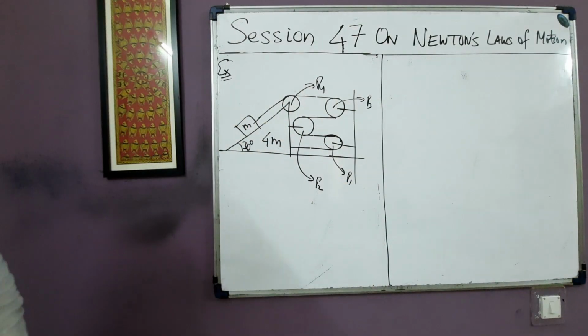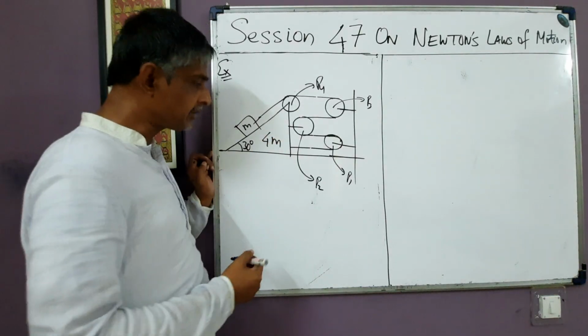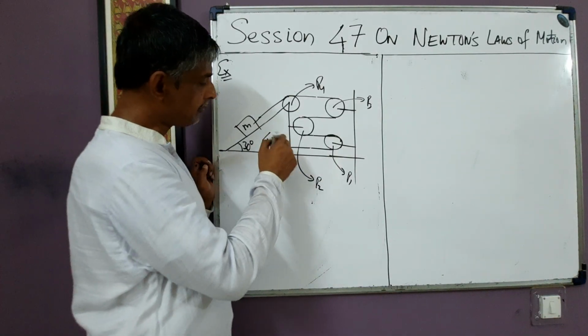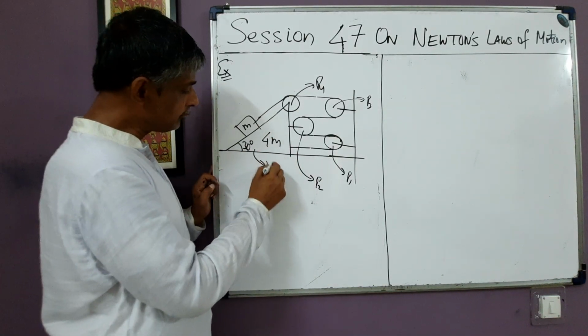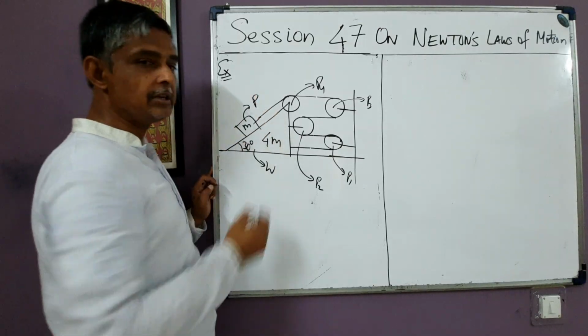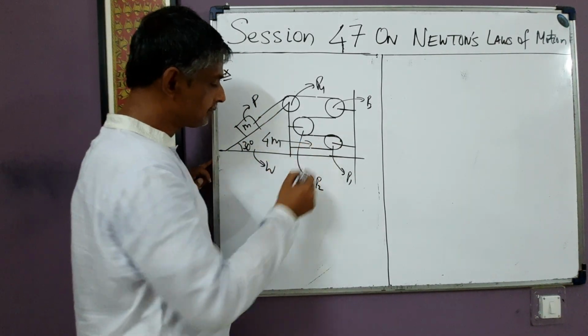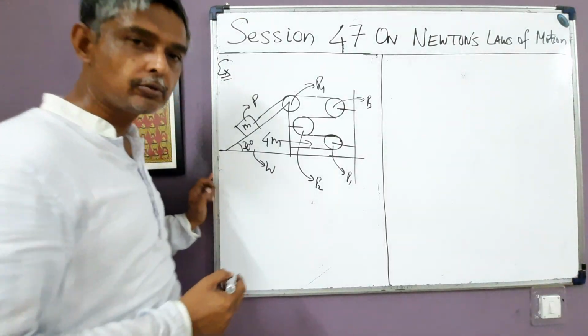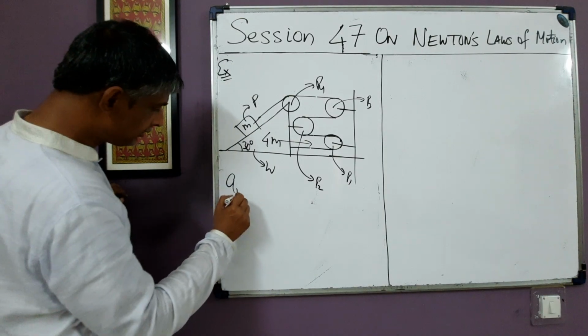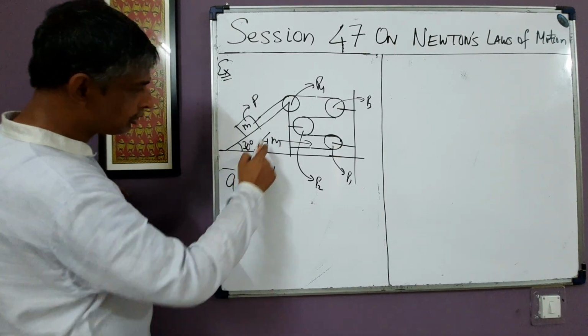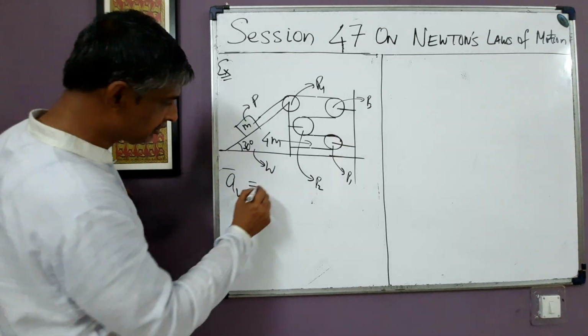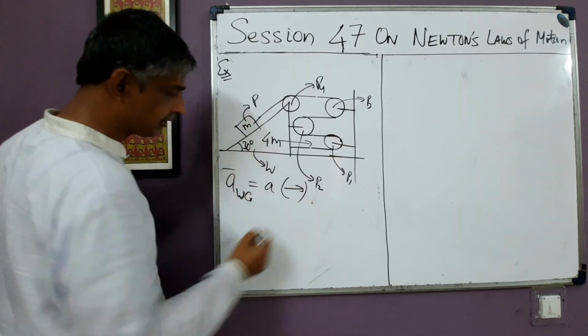So when the system is released from rest, the wedge of mass 4m will be denoted by W, and this block will be denoted by P. With respect to ground, this 4m will accelerate rightward with some acceleration a. So AWG, acceleration of wedge with respect to ground, is a in rightward direction.